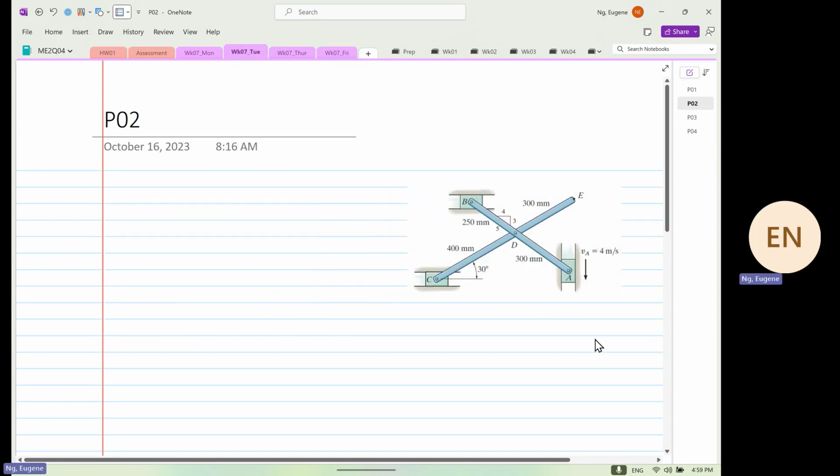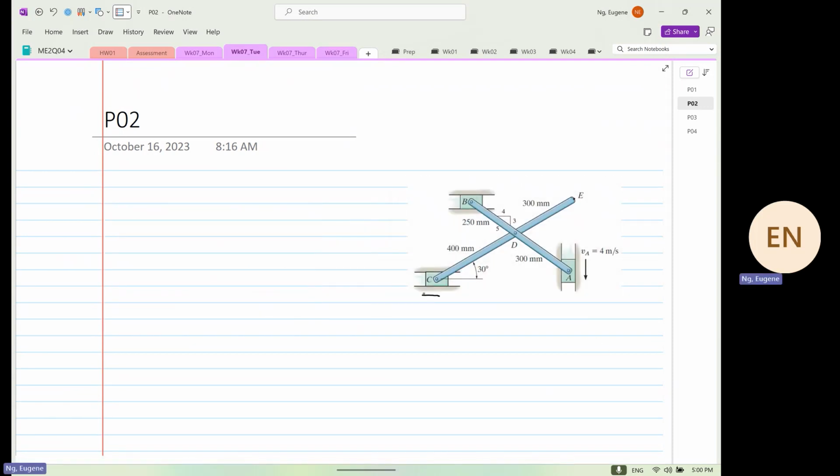So now, remember what we assume? We assume that VC is going in this direction, right? We make the assumption. And we also assume that omega CD is going in this direction, okay?